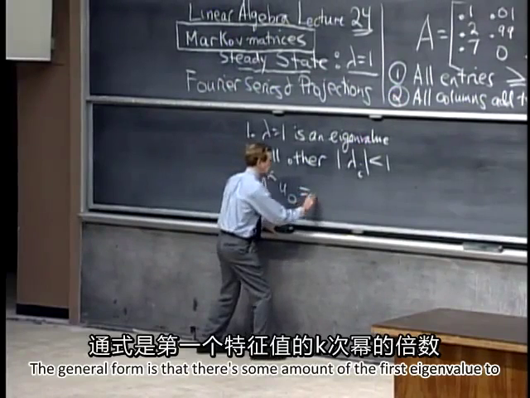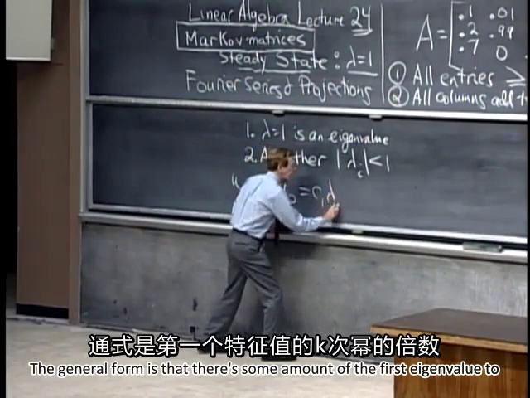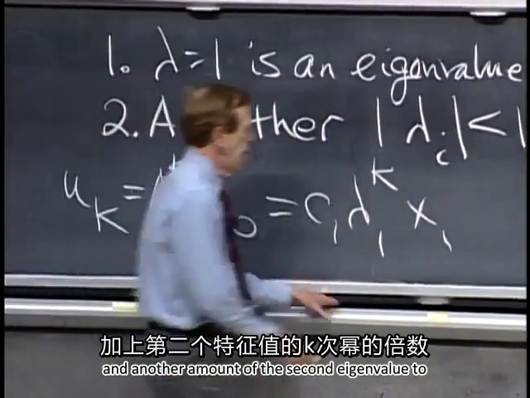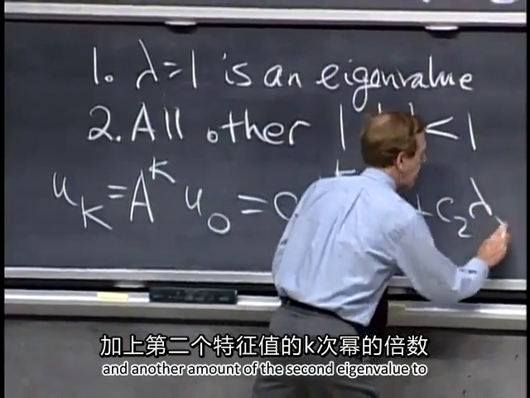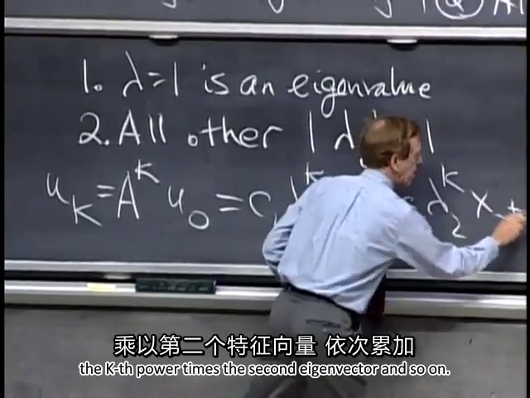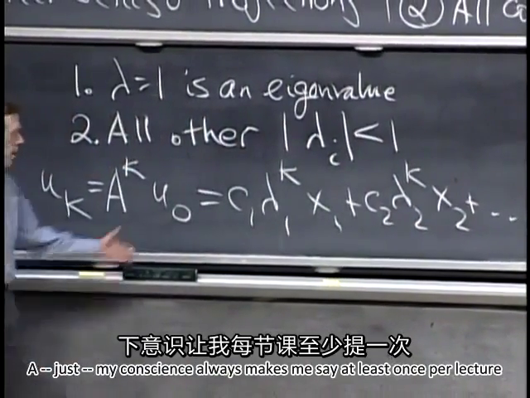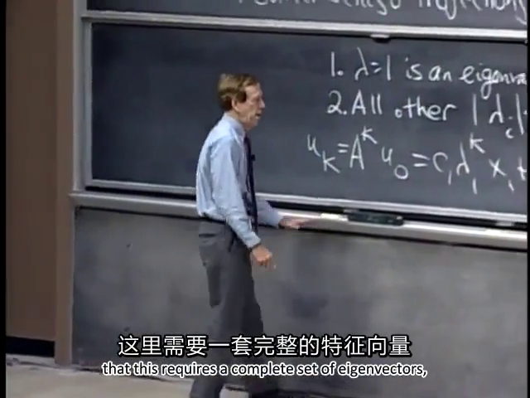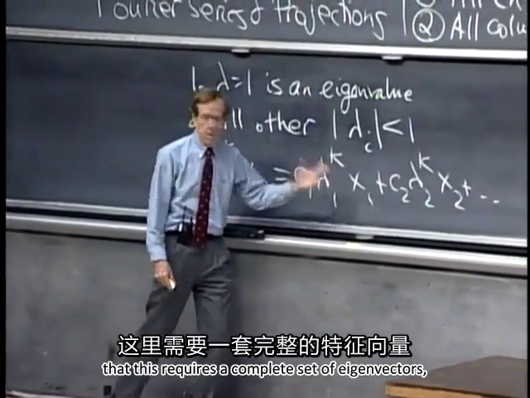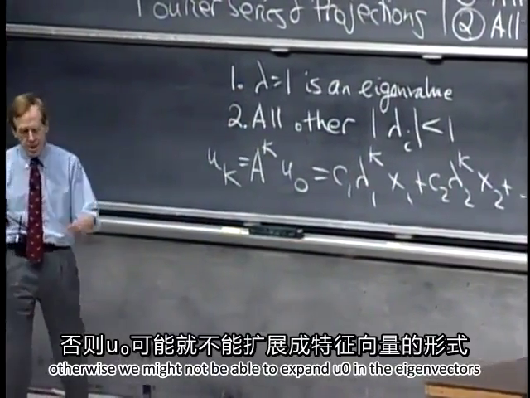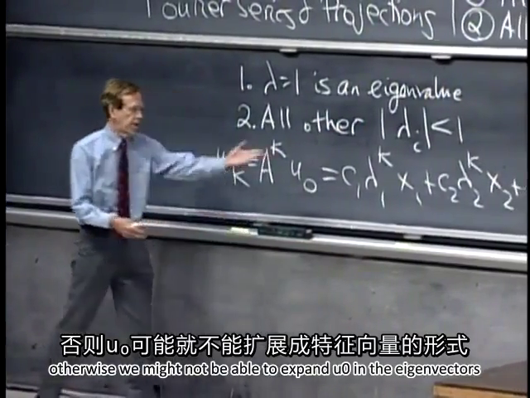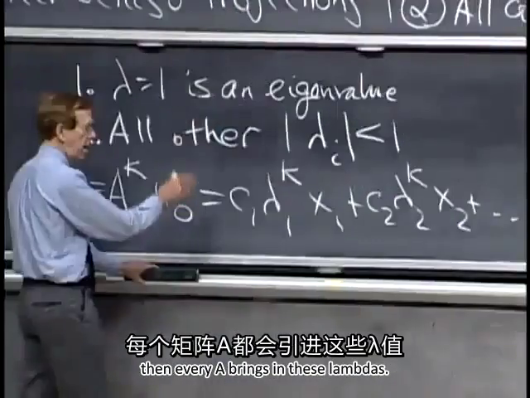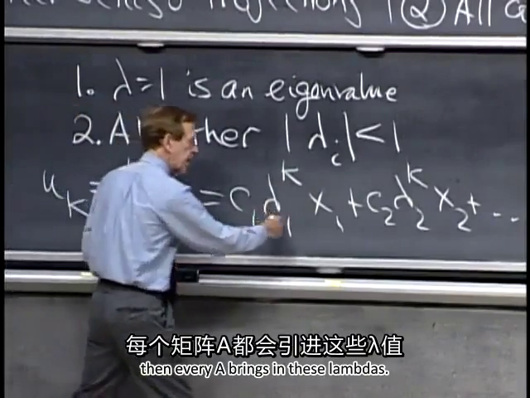The general form is that there's some amount of the first eigenvalue to the kth power times the first eigenvector, and another amount of the second eigenvalue to the kth power times the second eigenvector, and so on. My conscience always makes me say at least once per lecture that this requires a complete set of eigenvectors. Otherwise, we might not be able to expand u naught in the eigenvectors, and we couldn't get started. But once we're started with u naught when k is 0, then every A brings in these lambdas.